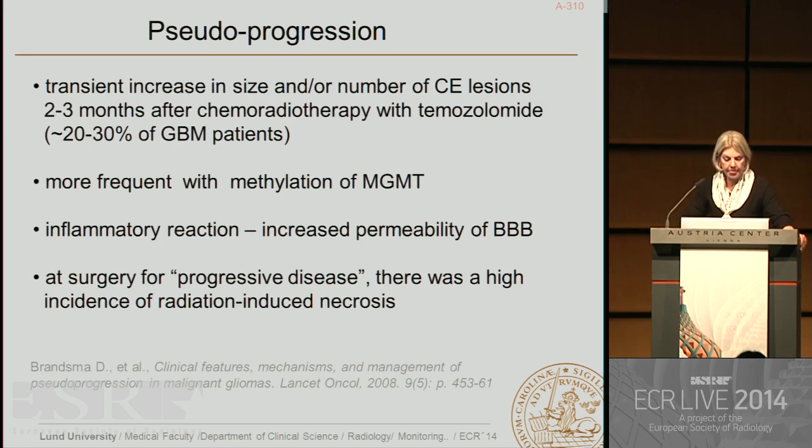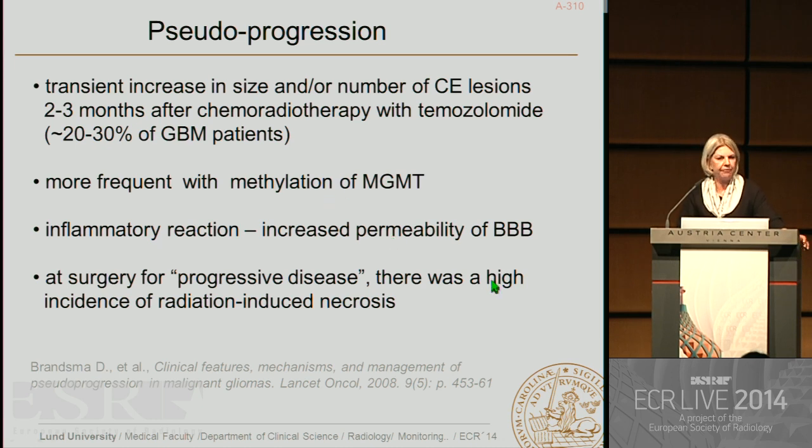So what we will see in pseudo-progression is a consistent increase in size and number of contrast-enhancing lesions 2 to 3 months into chemotherapy. And it's usually when you combine radiation with Temodar, and it occurs in up to 30% of the GBM patients. Also, you will find it's more frequently seen in patients that have methylation of MGMT.